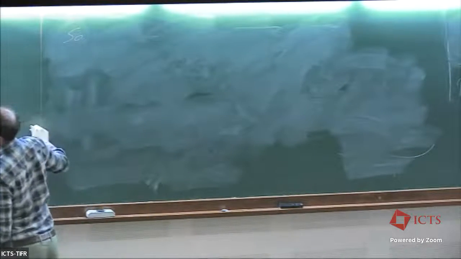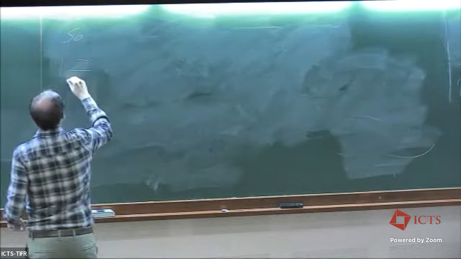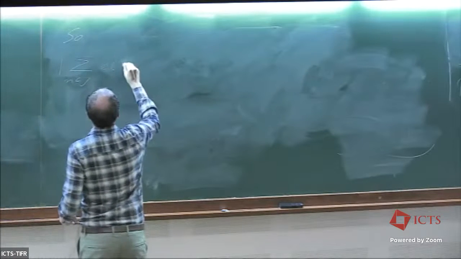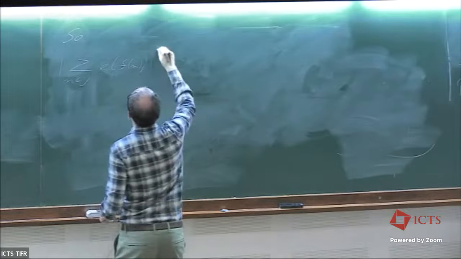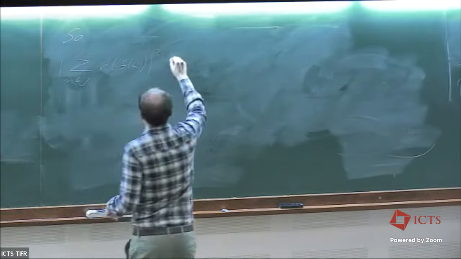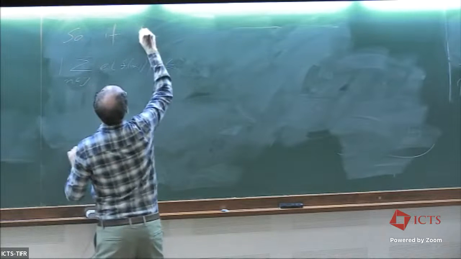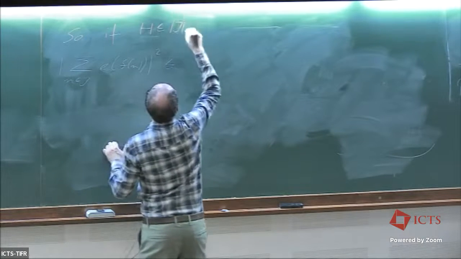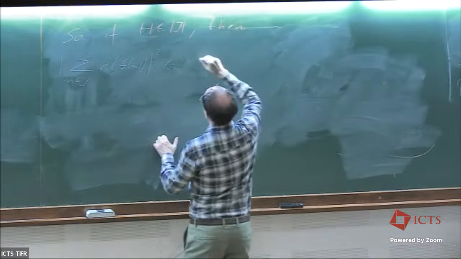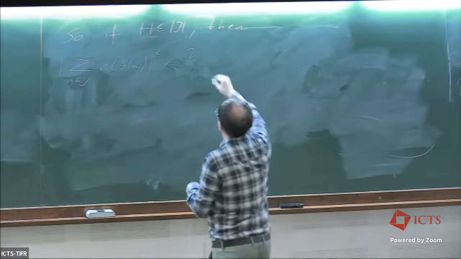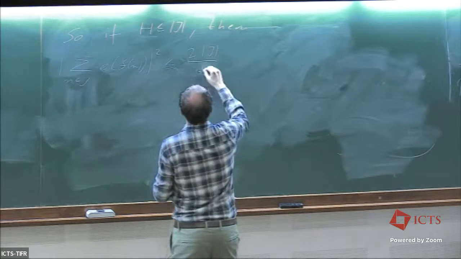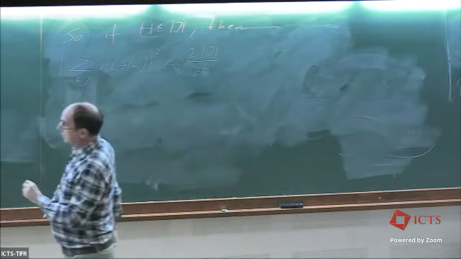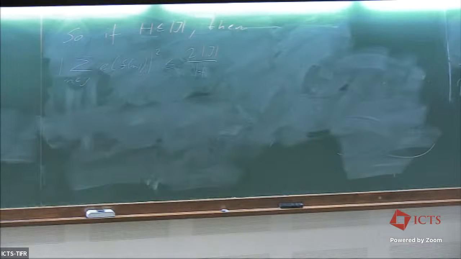The square of the sum over n element I of e of fn is bounded by twice that times I divided by h times, okay, so that can be estimated by 1.